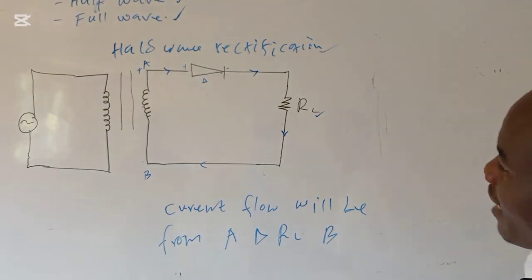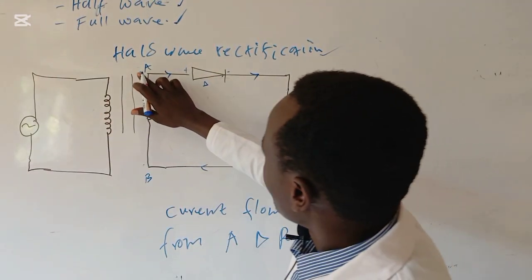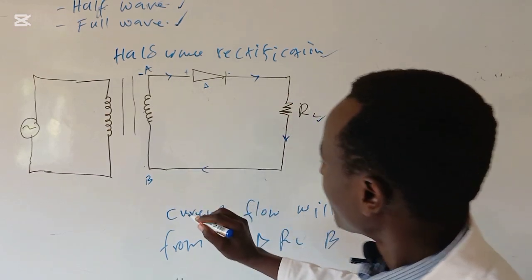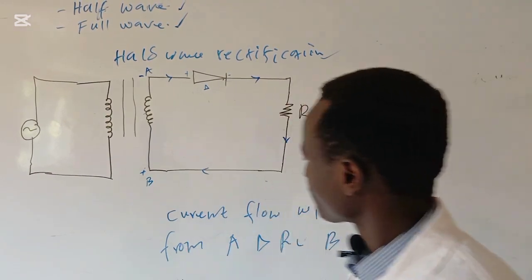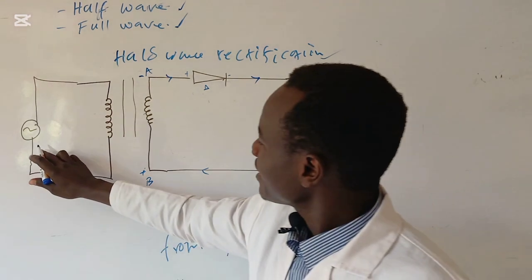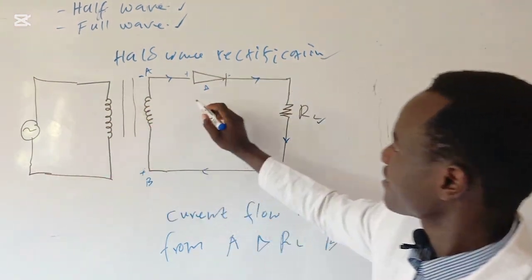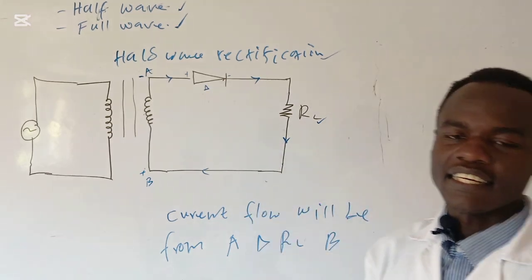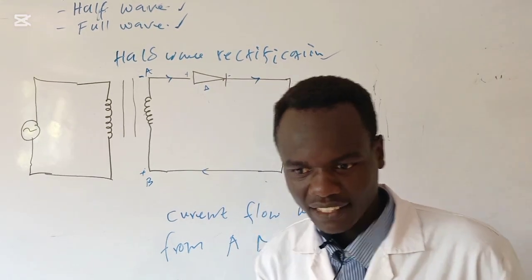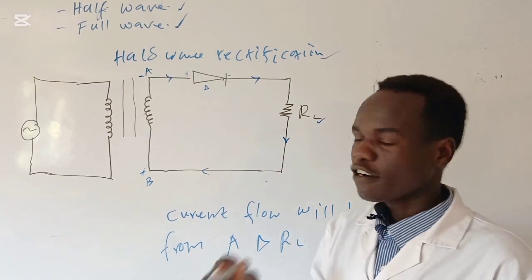In the negative half cycle, here becomes negative and here becomes positive. The pulsating AC voltage through the transformer finds our diode in reverse biasing, meaning that this diode will not allow current flow.